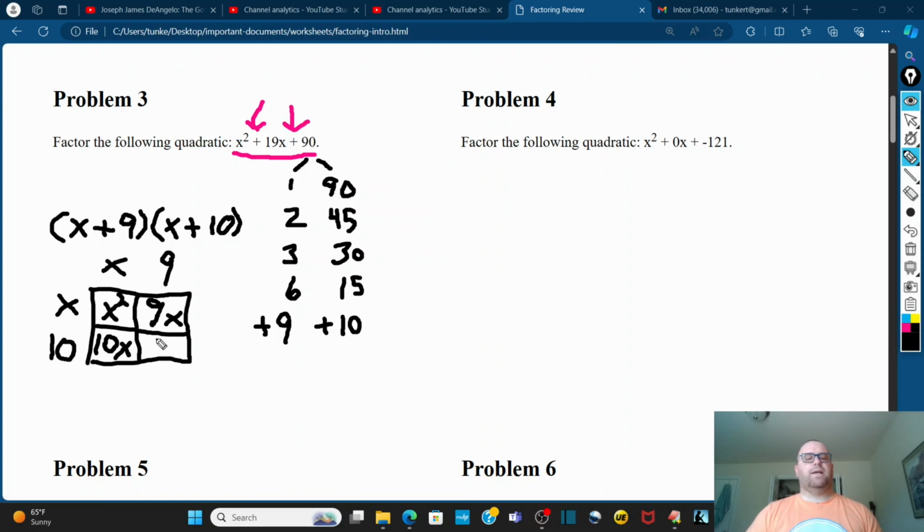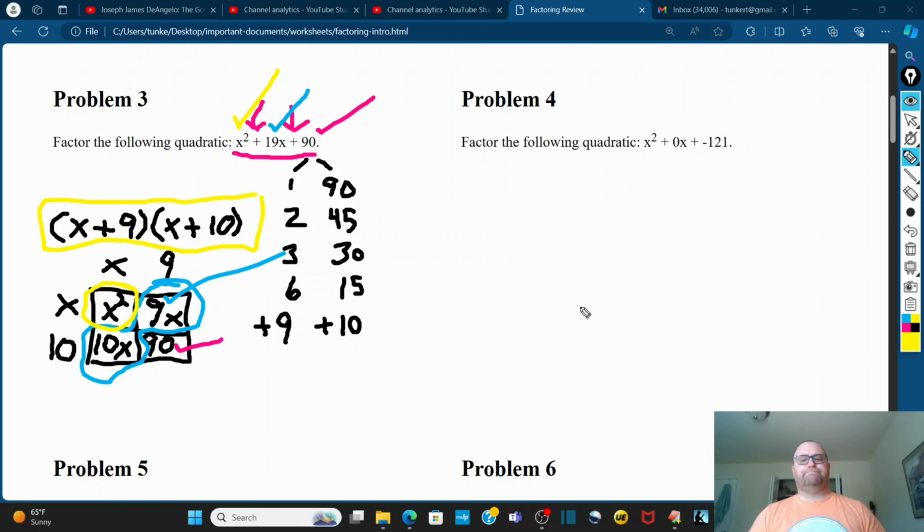And then 10 times 9 is 90. So we want to get the last term to be 90, which we do. That checks. Okay, if I combine these like terms, so 10x plus 9x here, well, that adds to 19x, so that checks out. And then we also have the x squared here, which also checks out there. So we have factored this correctly. This is our factored form.